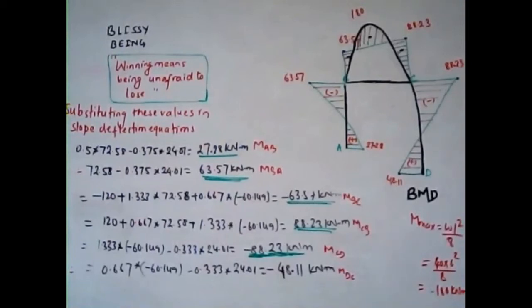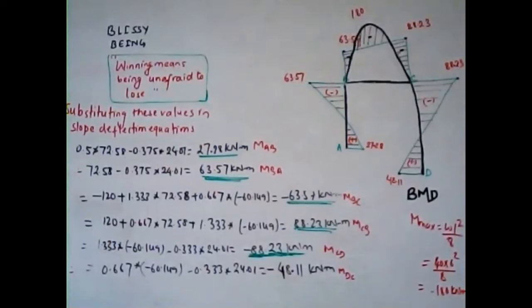But actually, since you are going from left to right, MBA will be plotted in the negative sense, because it is not going serially.